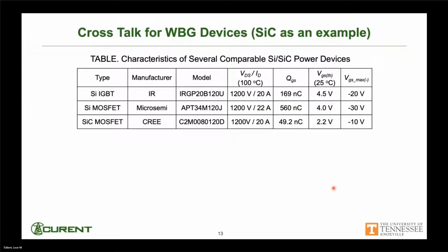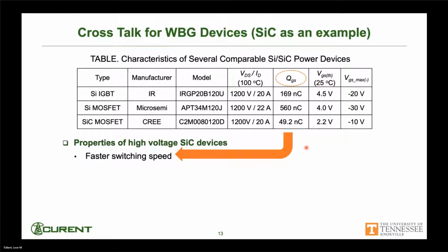So let's look at how some of these parasitics in the device may affect the device and its switching. If we look at the gate source capacitance and charge on the capacitance, for a silicon device, it's about 169 nanocoulombs.